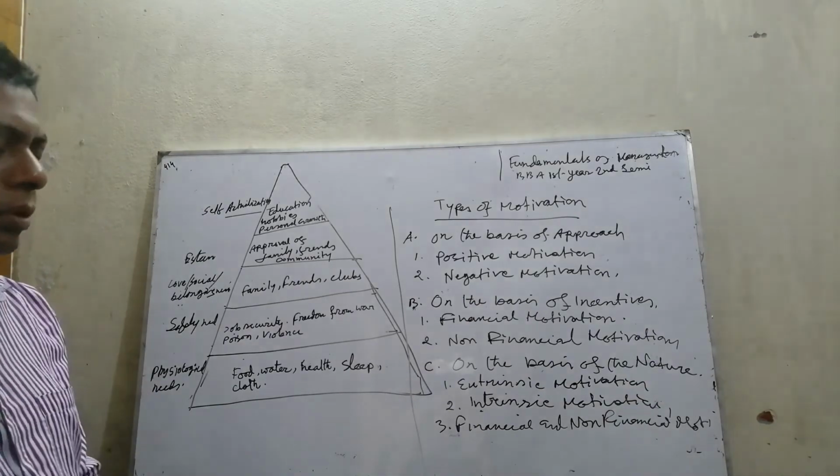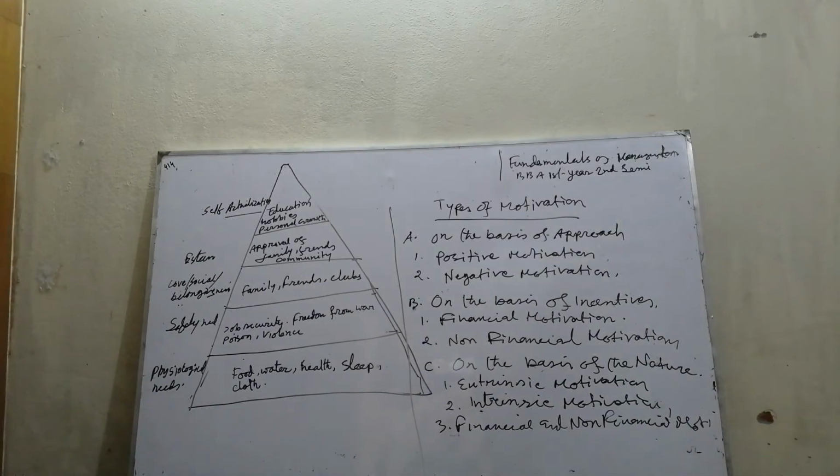Negative motivation. Negative motivation involves creating a sense of fear or an unhelpful environment. Workers who do not perform well are penalized. There is a cut in their facilities and remuneration.